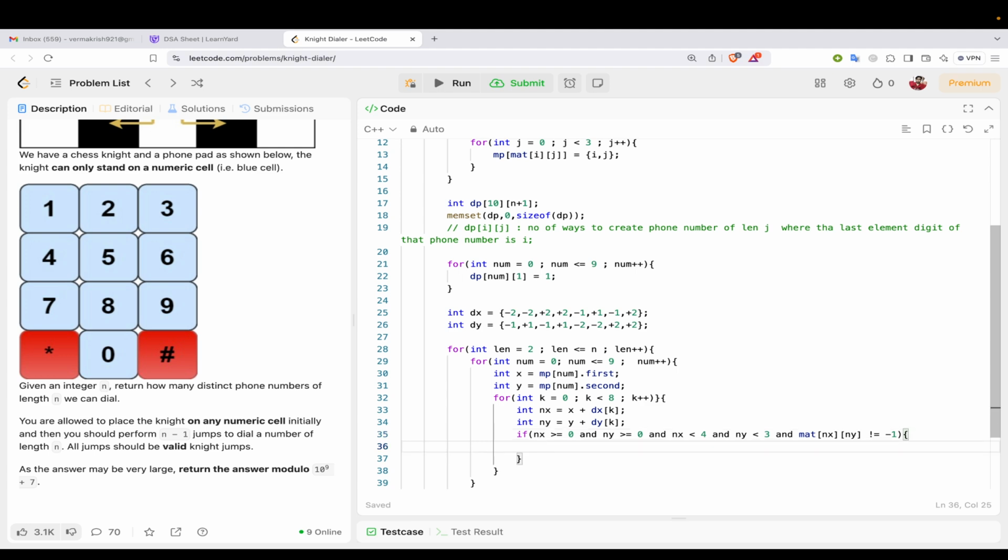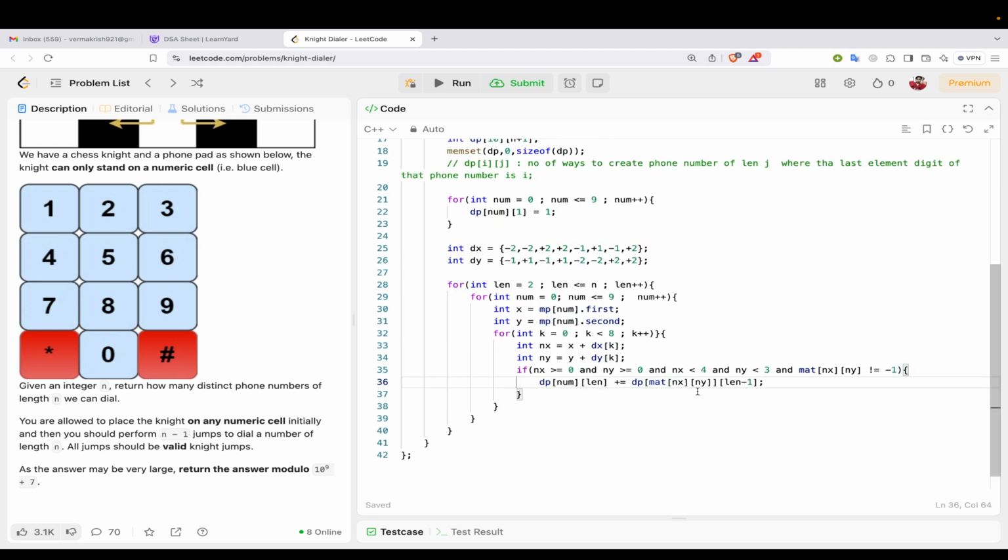Now my current dp of num and length will be updated with dp of length minus 1, but how will we get what number is present at this current destination coordinate? We can directly get it from our matrix: mat of nx and ny, whatever number is present at that coordinate.